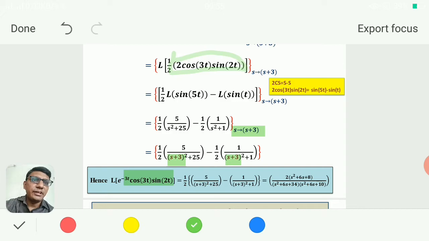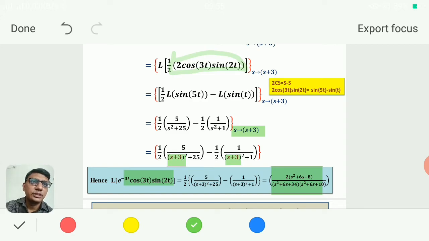After simplifying properly and expanding the brackets, we get the final answer as 2 into s square plus 6s plus 8 upon s square plus 6s plus 34 into s square plus 6s plus 10.